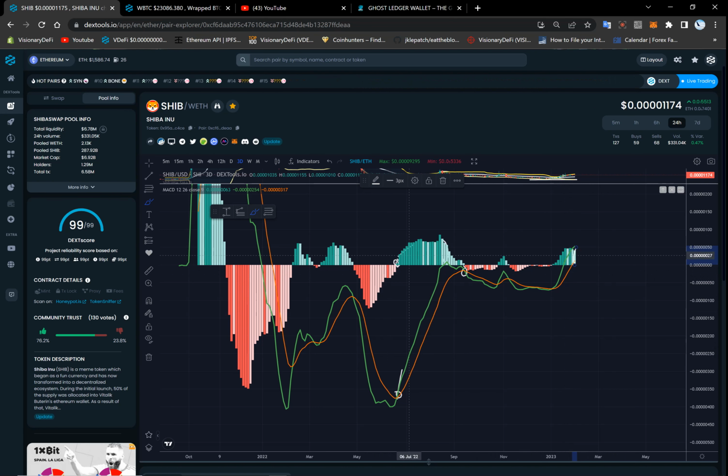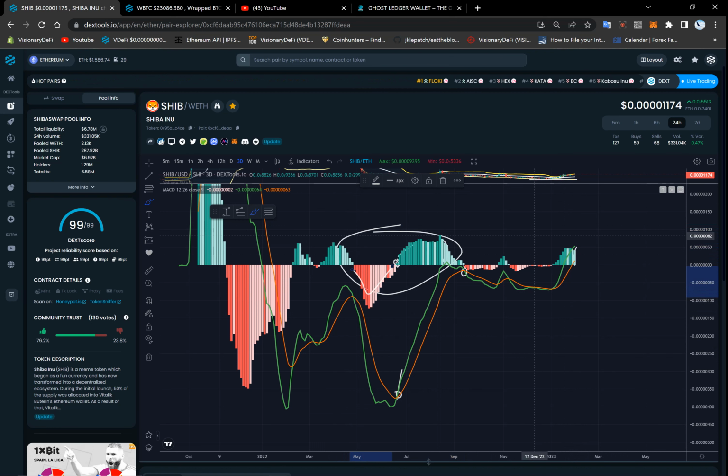The main thing you need to worry about is the MACD itself, just these red and green bars. So you can see selling pressure here again. So most likely price is going to come back down on the 3-day.